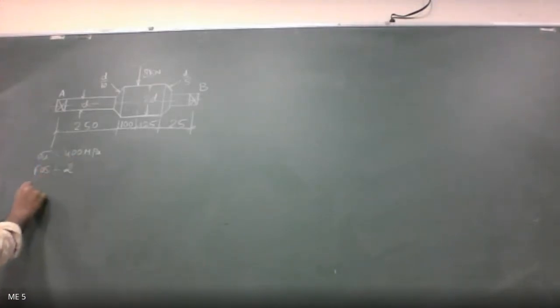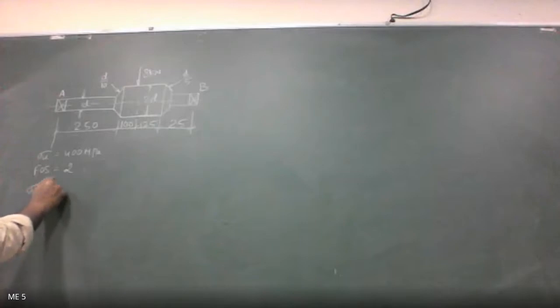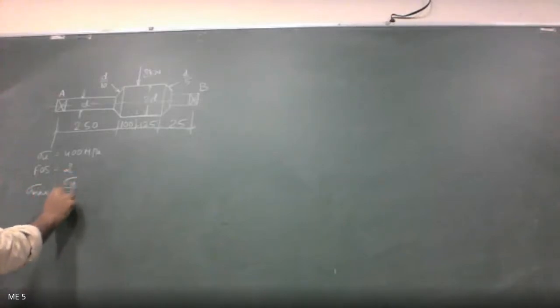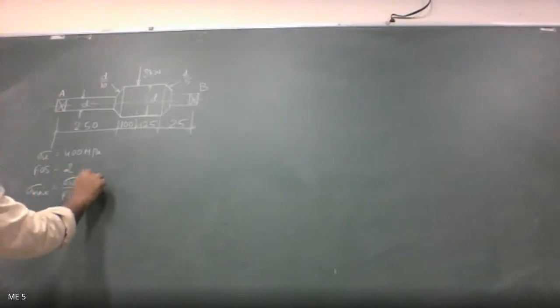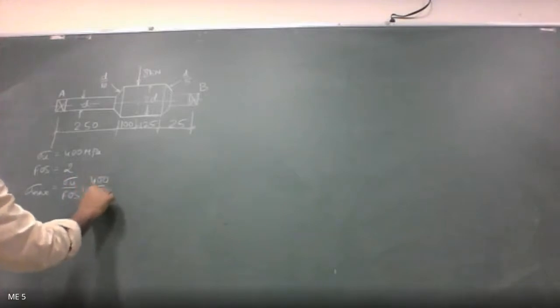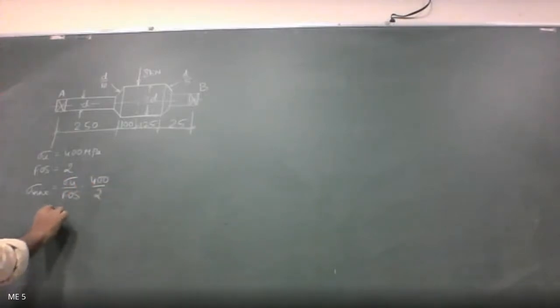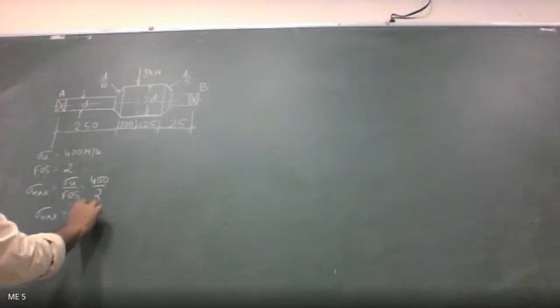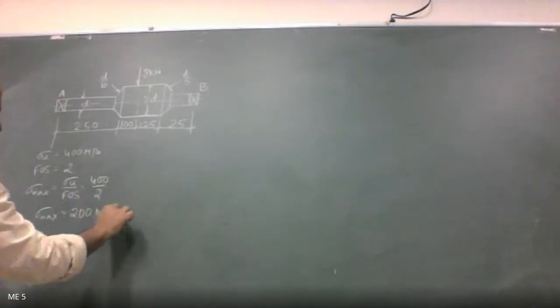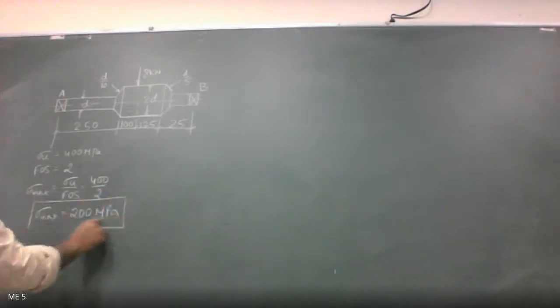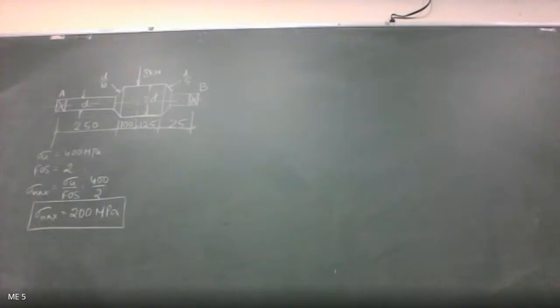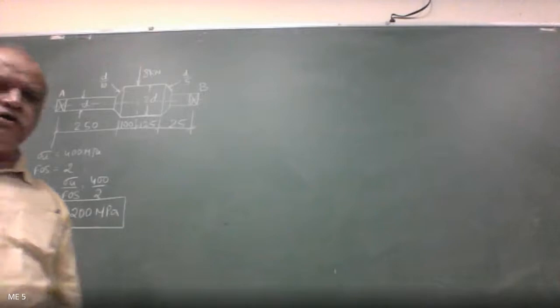Therefore sigma max is equal to sigma ultimate divided by factor of safety, that is 400 divided by 2. So sigma max is equal to 200 megapascal. With the limitation of maximum stress to be induced as 200 megapascal, we need to find the diameter of the shaft. Are you all there with me?